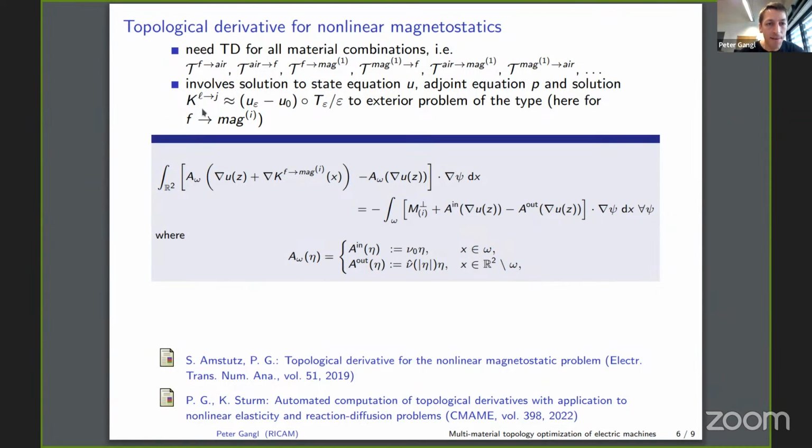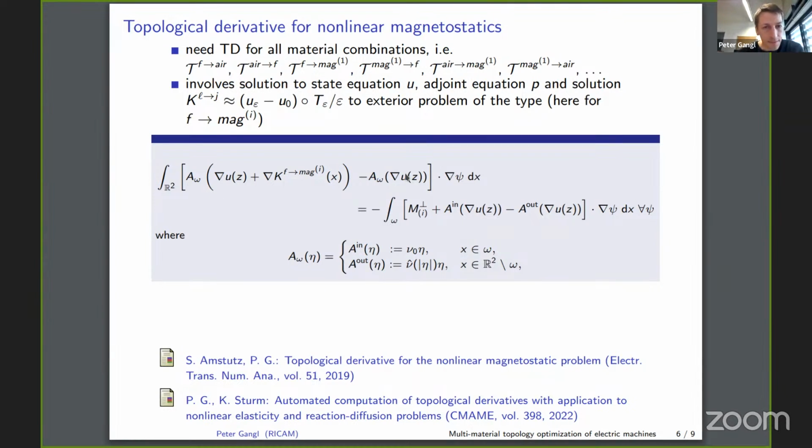Here it's called K. It's the first order corrector term of when the state is perturbed. So it's related to the difference of the perturbed and the unperturbed state after rescaling, and it is defined as the solution to an exterior problem, possibly nonlinear if you have a quasi-linear PDE.